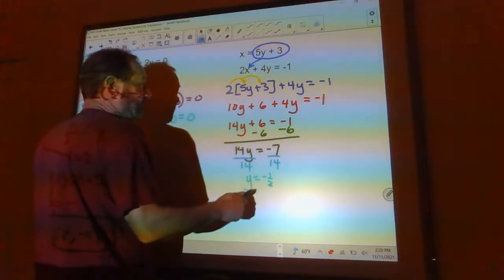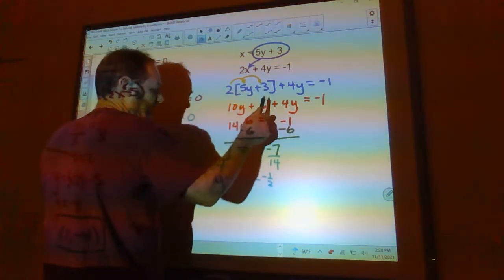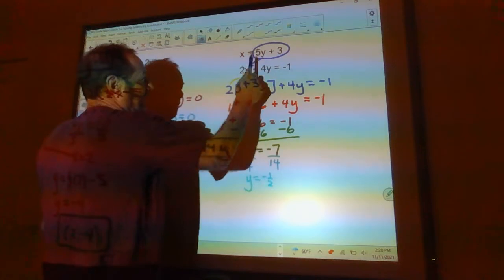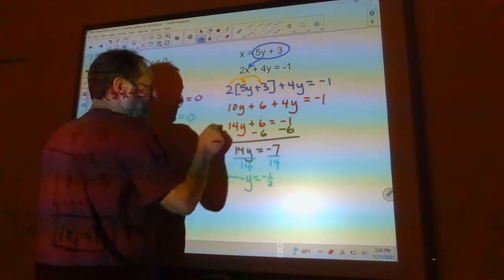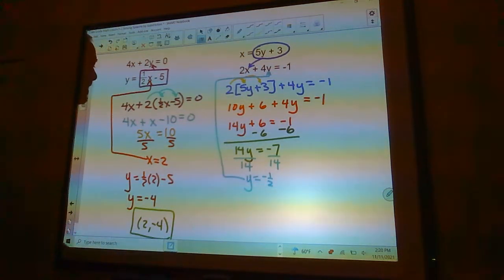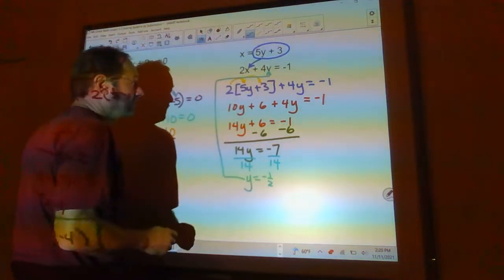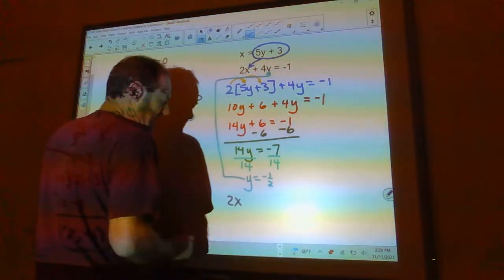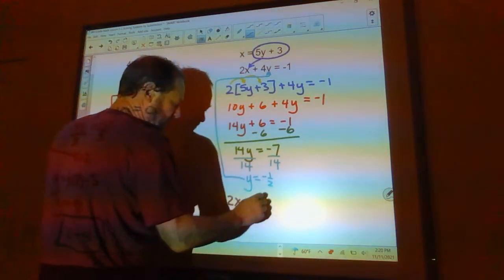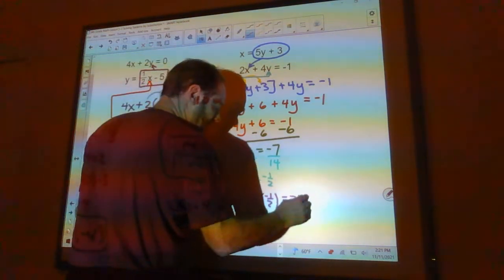So now I'm going to take the negative 1/2, and you know what? I think it'd be easier if I plug it in here. I'm going to get a fraction. But if I plug it in here, 4 times negative 1/2 is negative 2. So I get 2x plus 4 times negative 1/2 should equal negative 1.